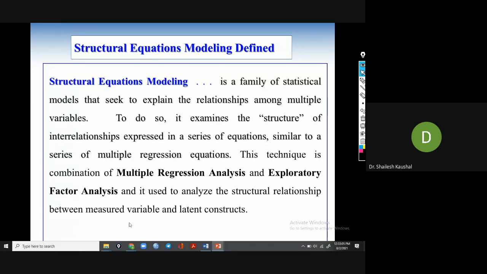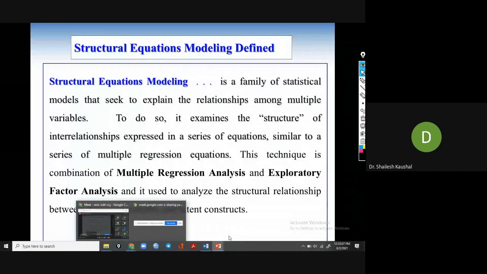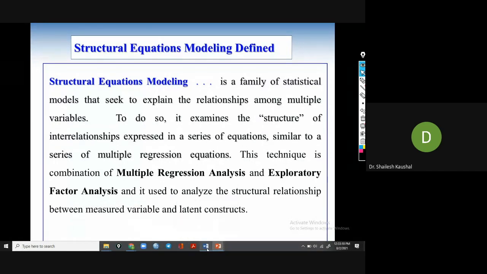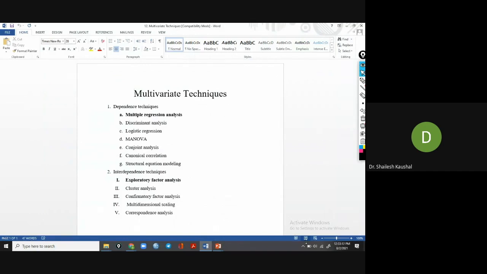Structural equation modeling is a multivariate technique. We use two things in it: one is the dependence technique, and another is the interdependence technique.